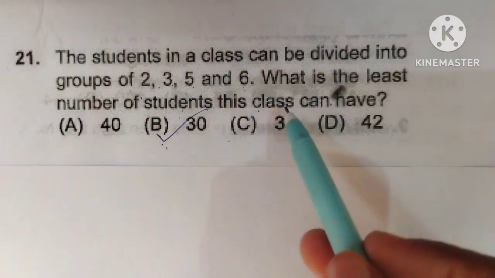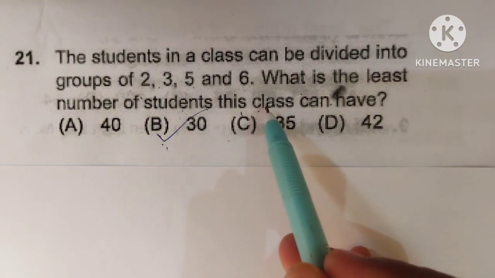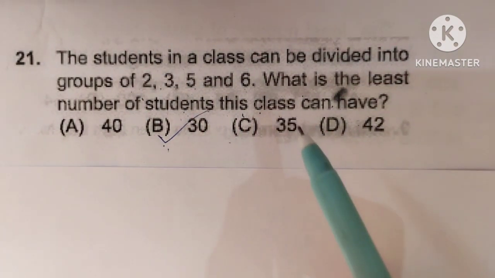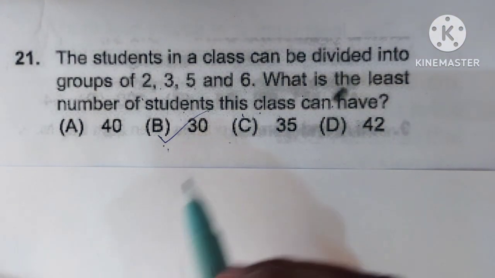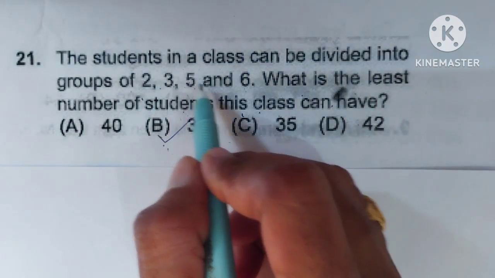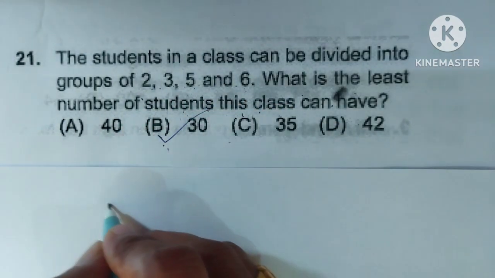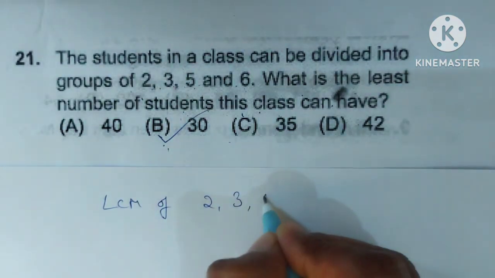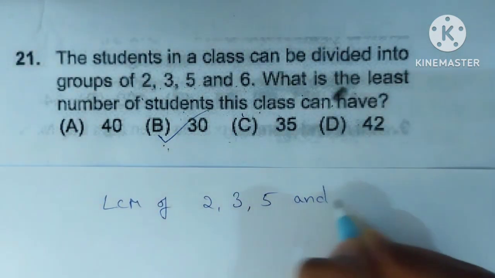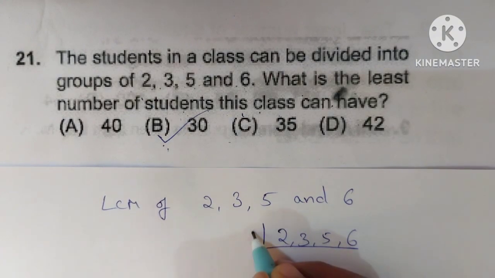Now we have to find the least number of students this class can have. Least means we have to find the LCM. So the LCM of 2, 3, 5 and 6.